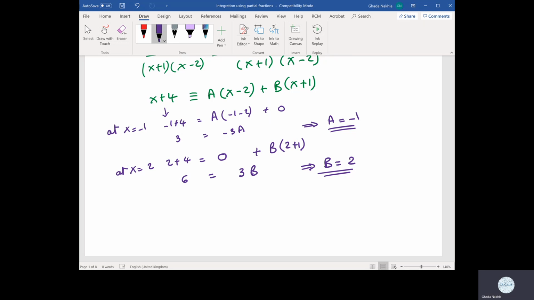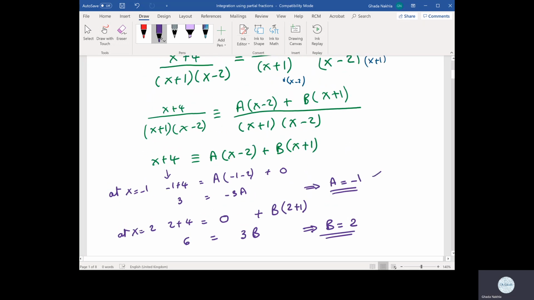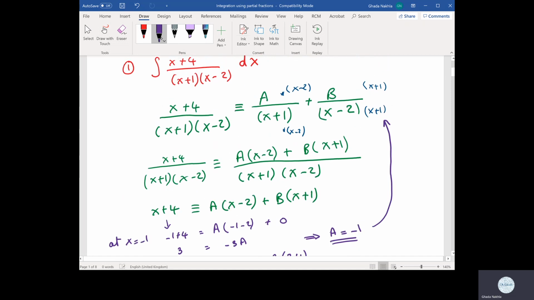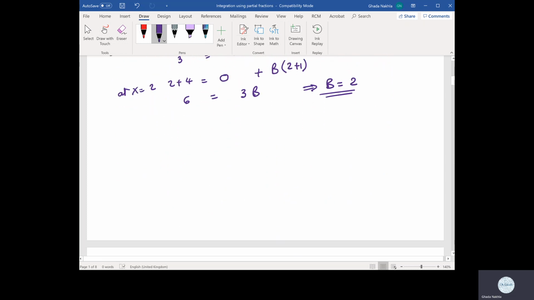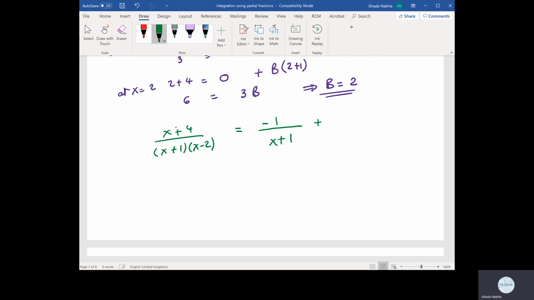So I managed to find a, I've also managed to find b, and what I need to do is go back in here and substitute in the values of a and b into my original partial fraction. So (x plus 4) over (x plus 1)(x minus 2) equals minus 1 over x plus 1 plus 2 over x minus 2.